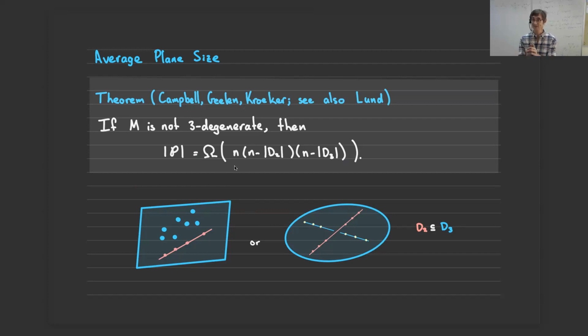So you get some number, and that is the number of planes up to some multiplicative error term. Now, this result is essentially proved in a paper of Lund's, except he has another condition I'll talk about later. So he didn't quite prove this. He only proved it for matroids that are far enough from being 3 degenerate. We prove it for matroids that are not 3 degenerate.